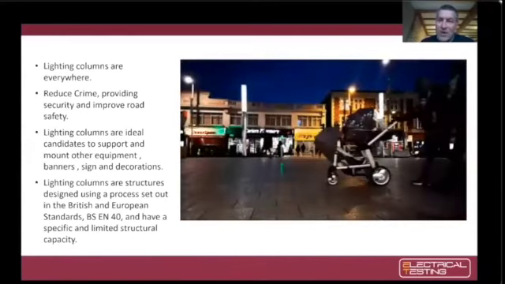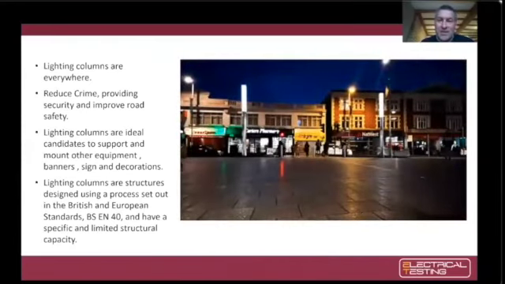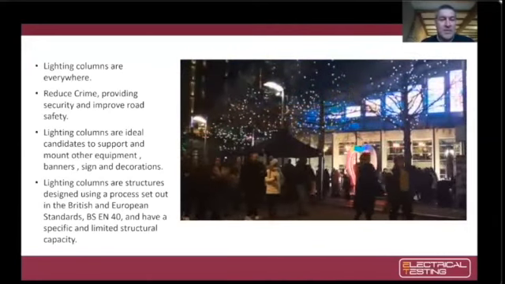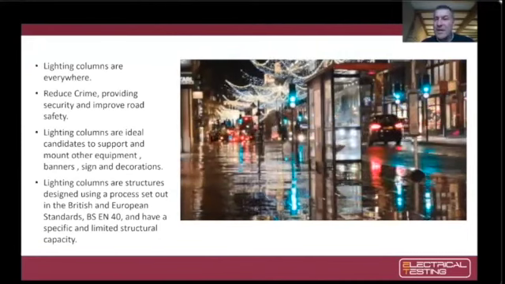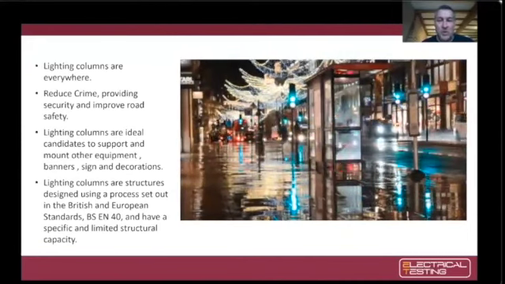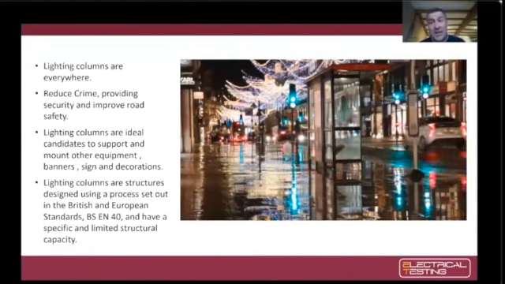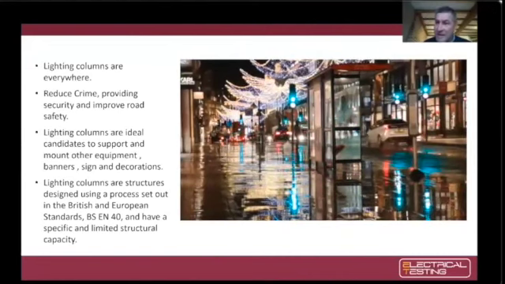However, lighting columns in the modern day are designed specifically. They're designed to a standard, which means they're designed to take a bracket and a lantern, and any additional equipment that you'd like to add to that column needs to be approved. And it's likely that there isn't enough inherent strength in that column to take the additional load if it's not designed for.